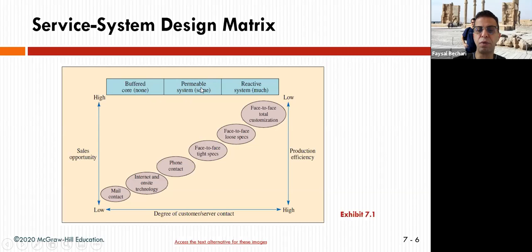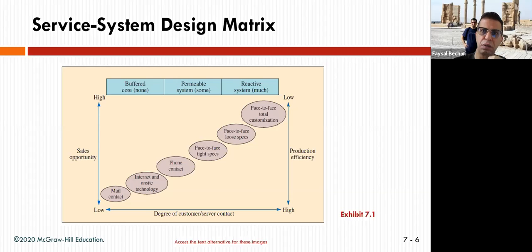But permeable systems is when there is a phone contact or face-to-face, where there is a chance of sales opportunity, mediocre, not low, and you see the customer service is kind of in the middle. But then you have the extreme one where the sales opportunity is very high and reactive.